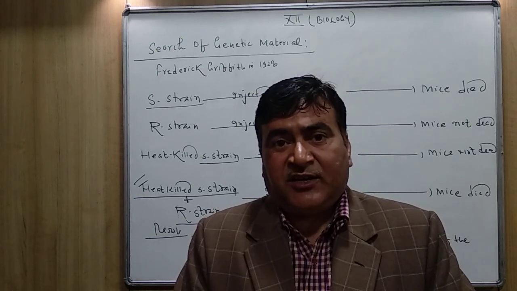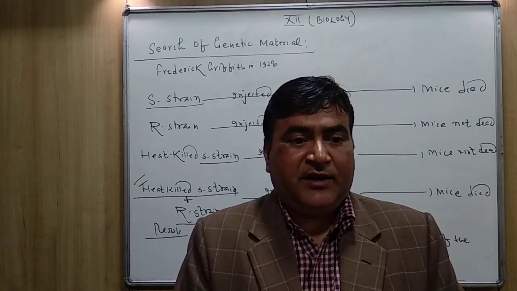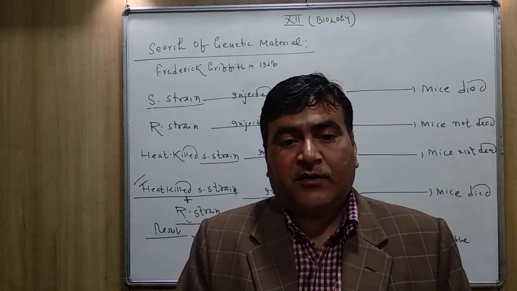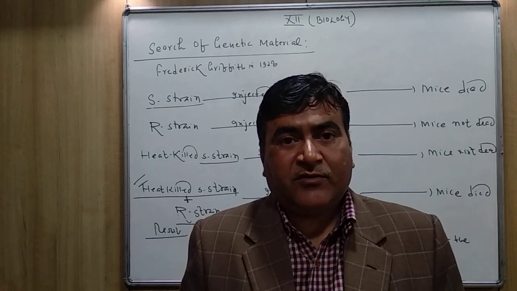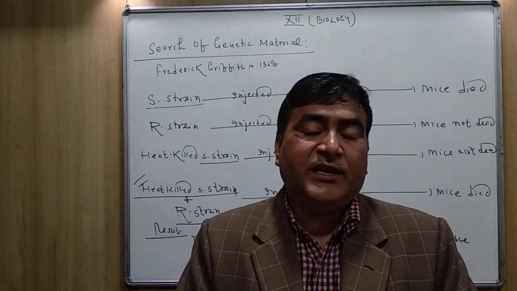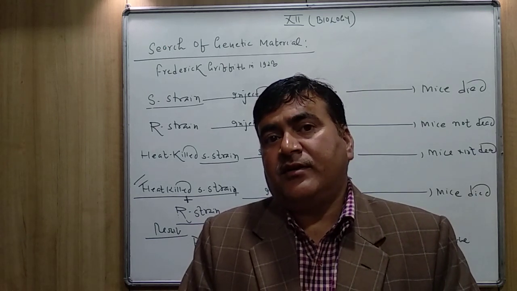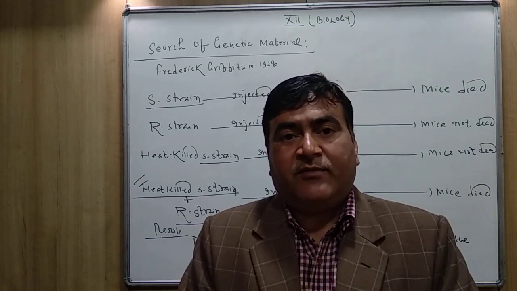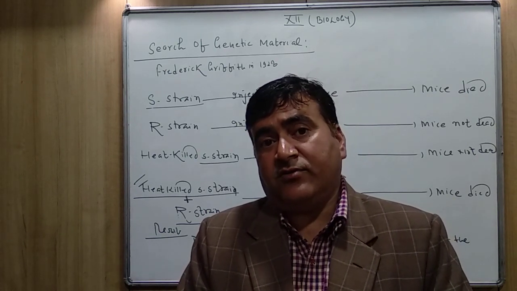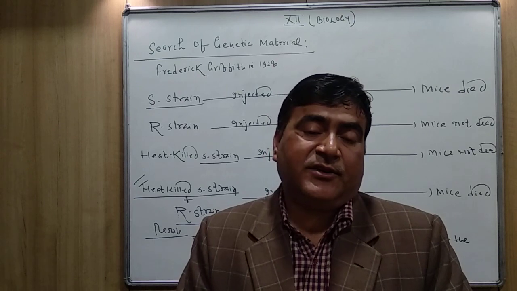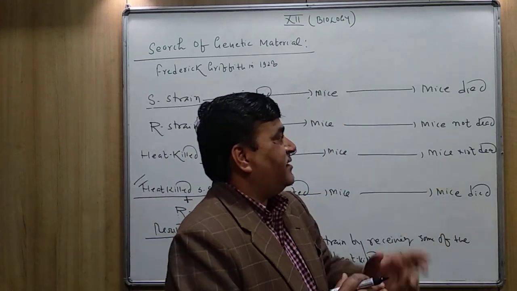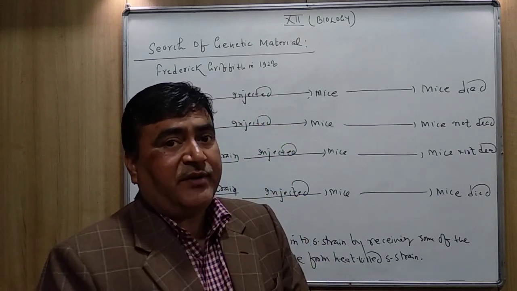When the S strain was heated, maybe the protein, RNA, DNA, all of them were separated individually. Now they are not able to transform, they are not able to cause the disease inside the mice, and that's why in this step the mice remained alive.